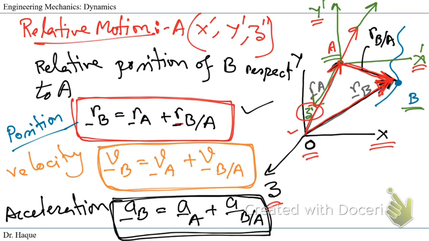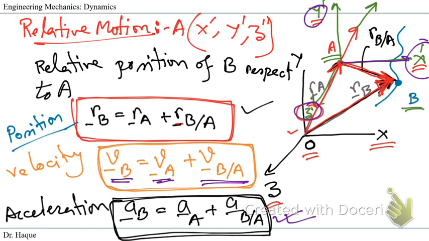Here VB is the absolute velocity of particle B, and VA is the absolute velocity of particle A, and VB/A is the relative velocity of B with respect to A. The same thing applies for the acceleration, where the acceleration of B/A is the acceleration of B as observed by particle A with the reference frame, not the original, the reference frame that we have, x prime, y prime, and z prime.